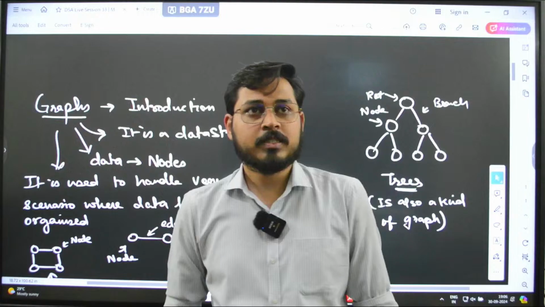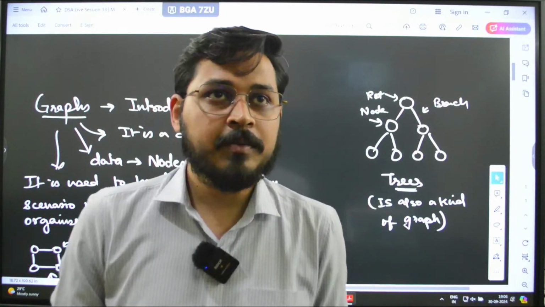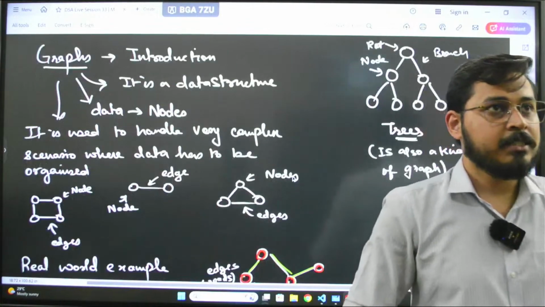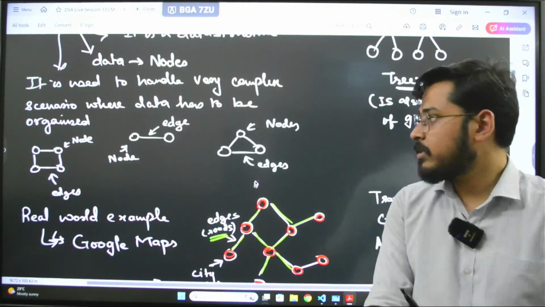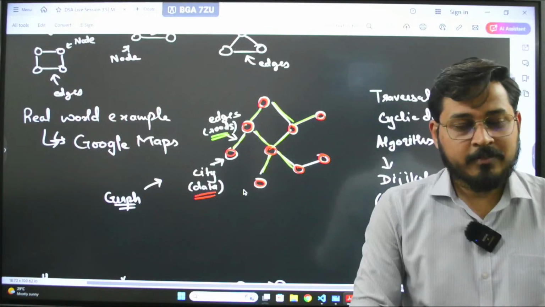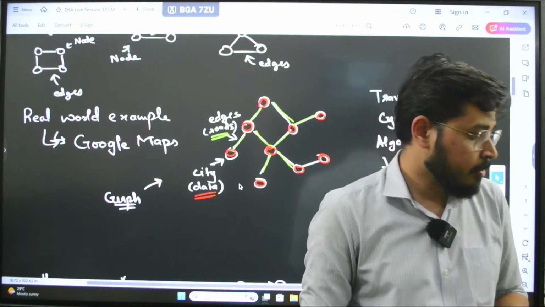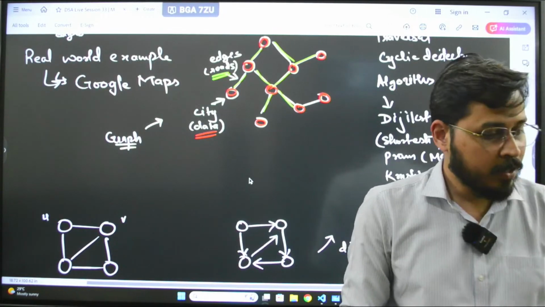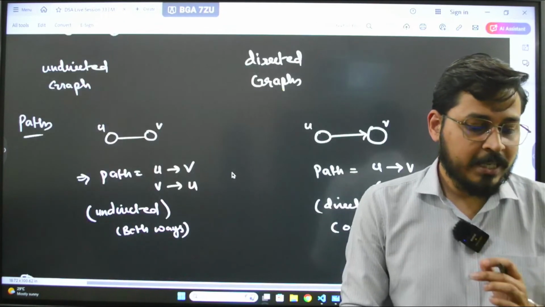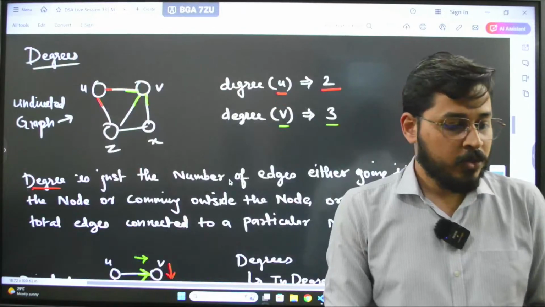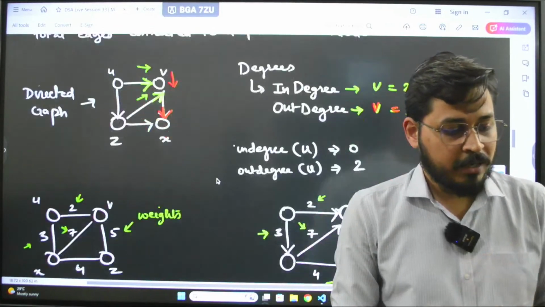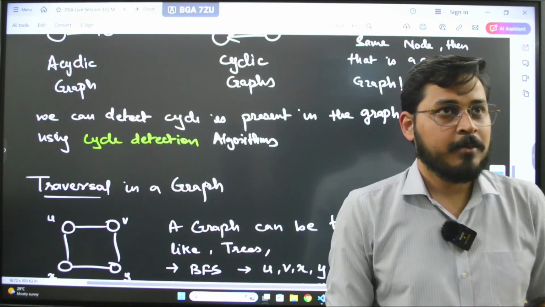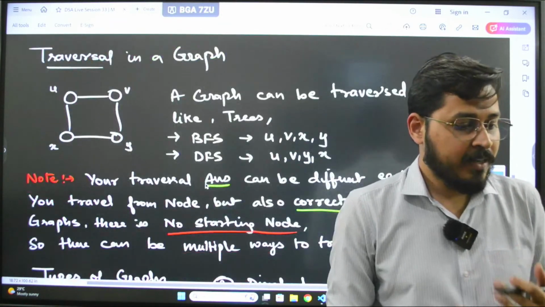We have started with the graphs concept, and here we have done all these things. We have understood what exactly graphs are and how they look. What are the uses, what are the different types of graphs, what are degrees, what are paths, in-degree, out-degree. We have talked about weights: unweighted, weighted.